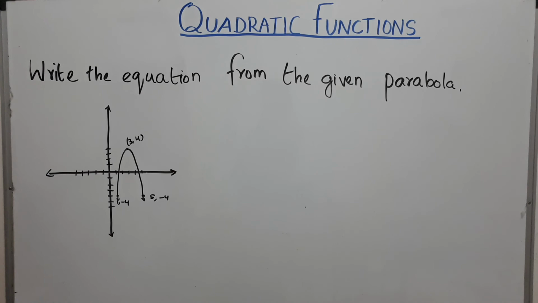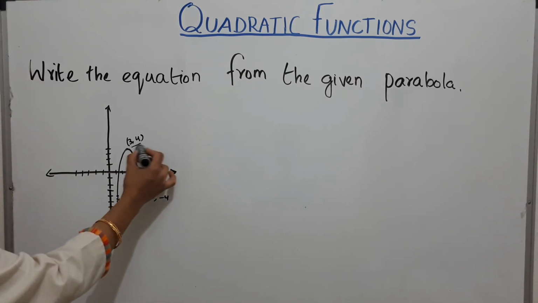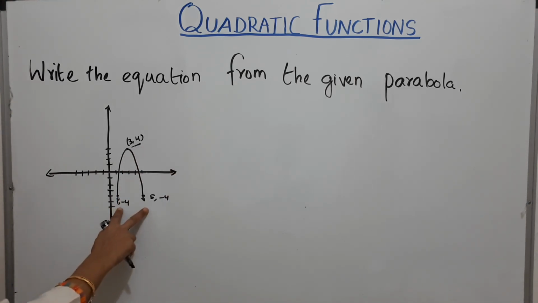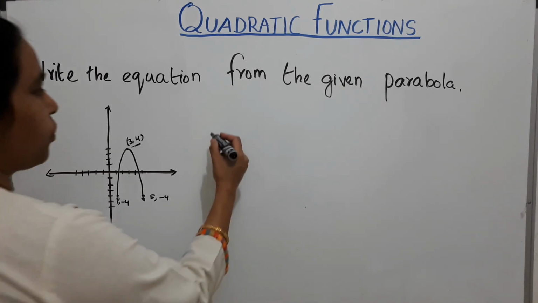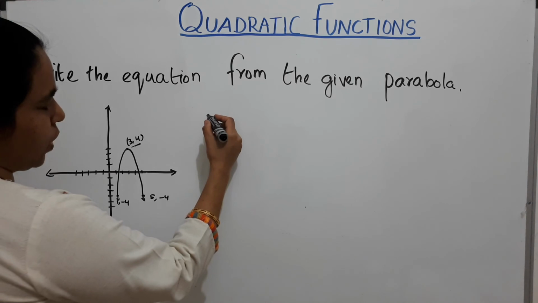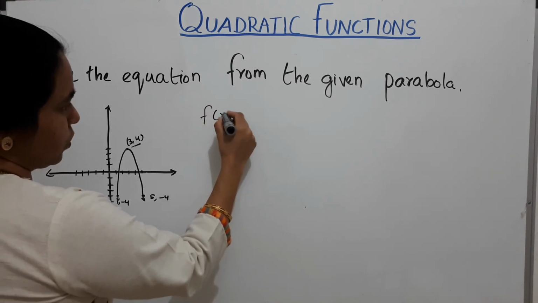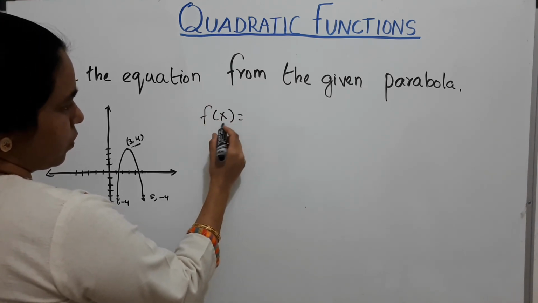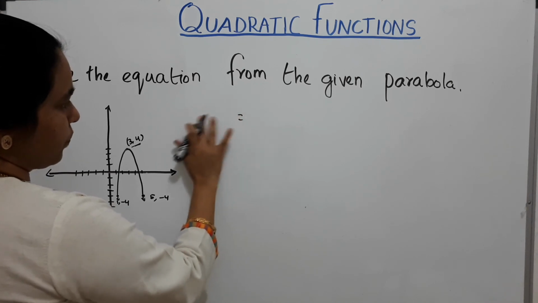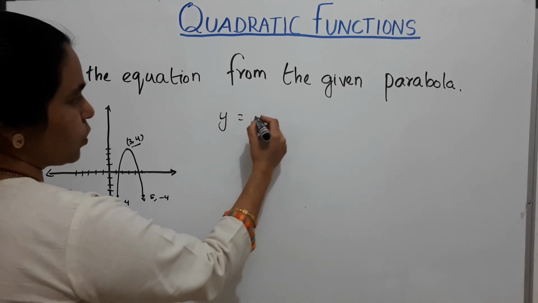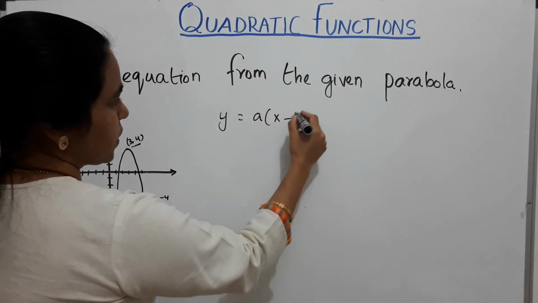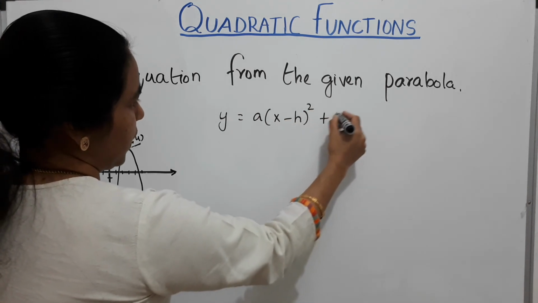Now the parabola is given and you have to write the equation from the given parabola. So here the vertex is given, which is (3, 4), and also 2 points are given here. So first of all you can write the vertex form of the quadratic function, which is f of x is equal to, or you can write y is equal to a times x minus h the whole square plus k.